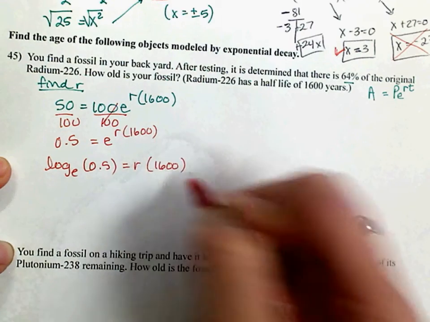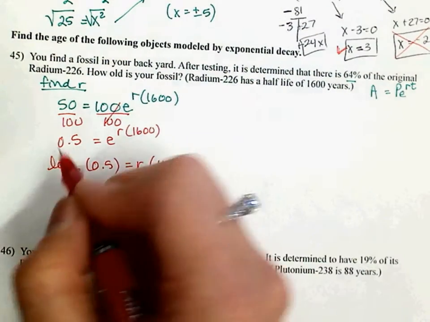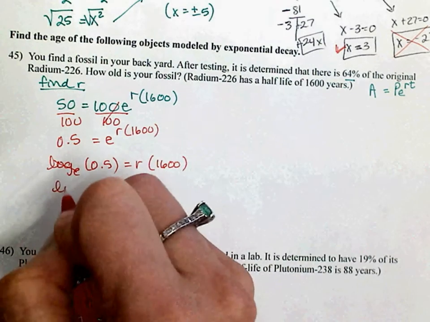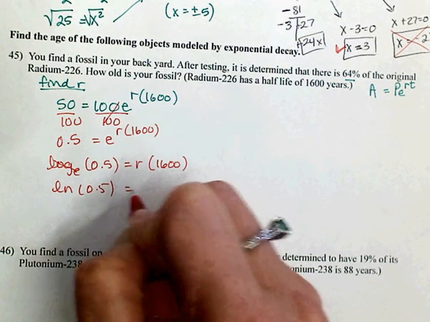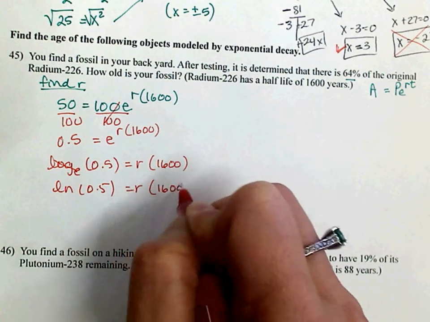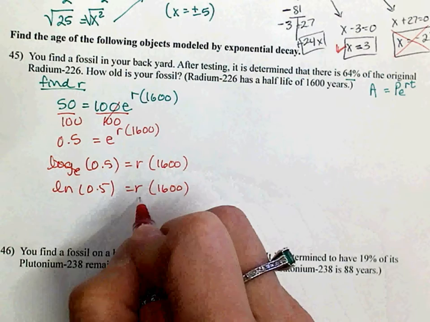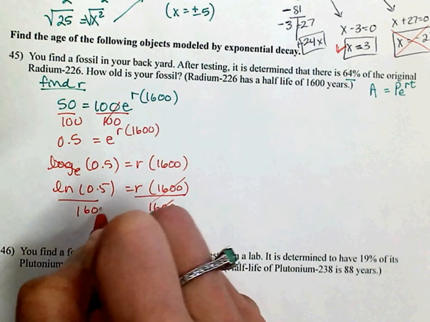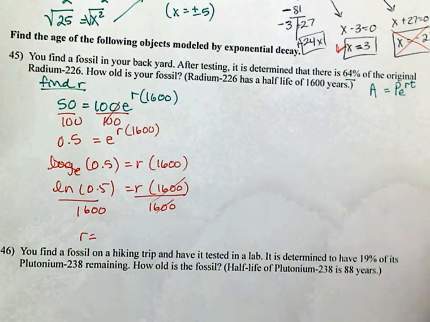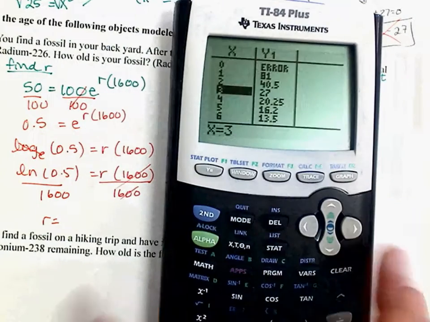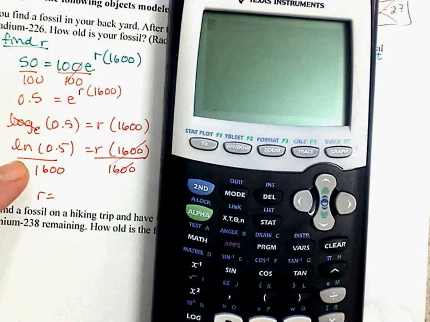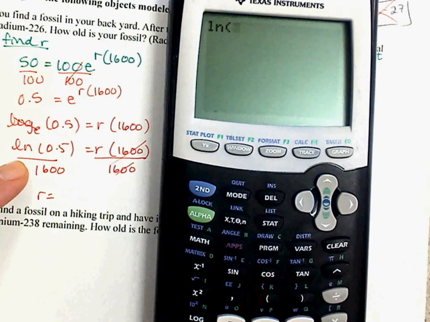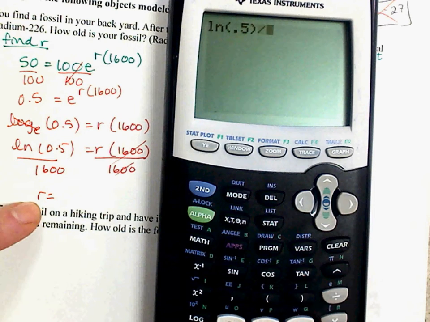Instead of log base E, I'm going to write natural log equals R times 1,600. Solving for R, divide by 1,600. What you do to one side, you do to the other side. Try to get 4 decimal places, please. You ready? Natural log, 0.5 in parentheses, divided by 1,600.